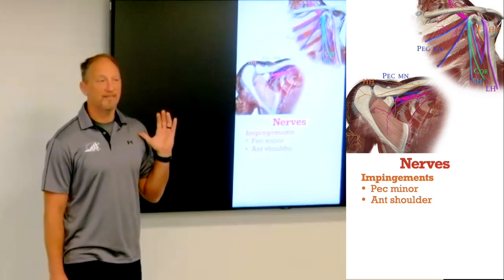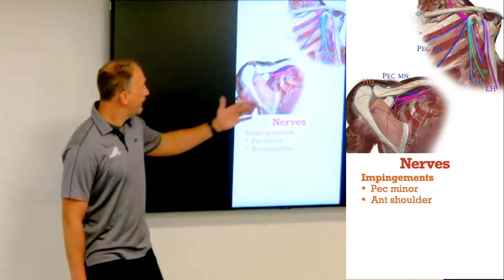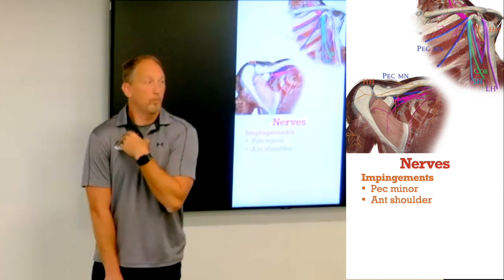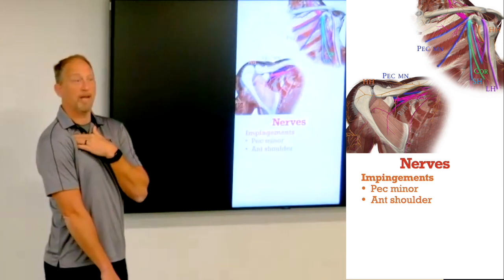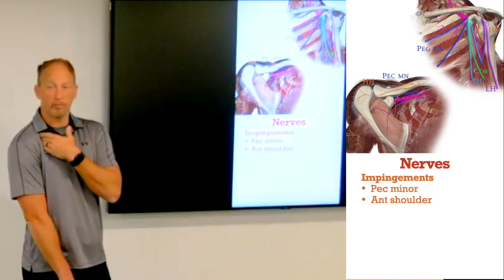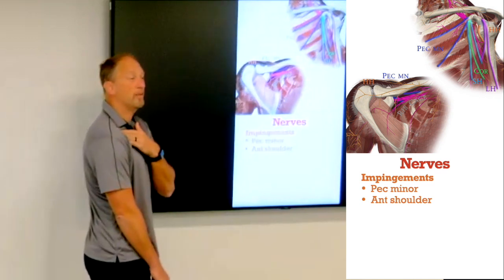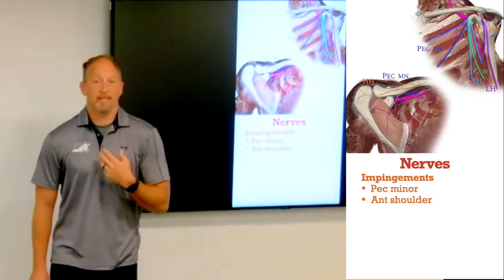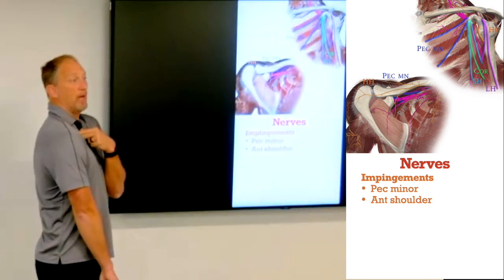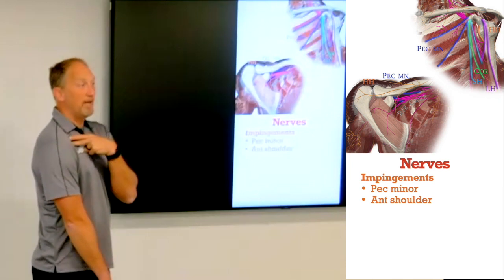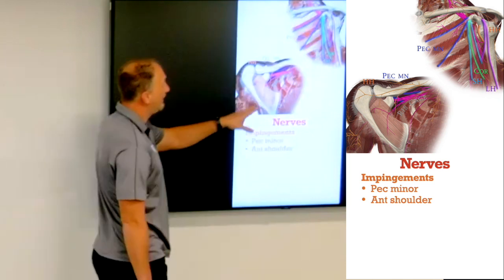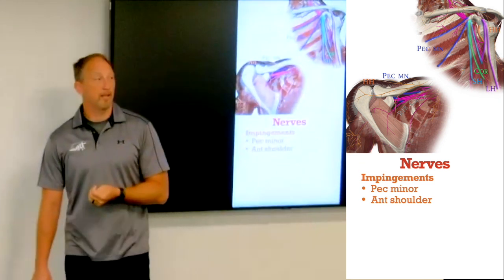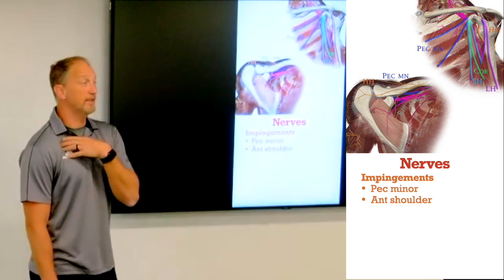If there's any kind of tightness in there, that's going to bring those structures forward. That's going to cause a rounding of the shoulder, which is going to shorten that pec minor even more, which is going to create compression or pressure onto that brachial plexus as it's passing behind that. So anytime we see anybody with a rounded shoulder posture, we know that that pec minor is carrying extra tension, and there's likely going to be tension or compression on that brachial plexus in this area.